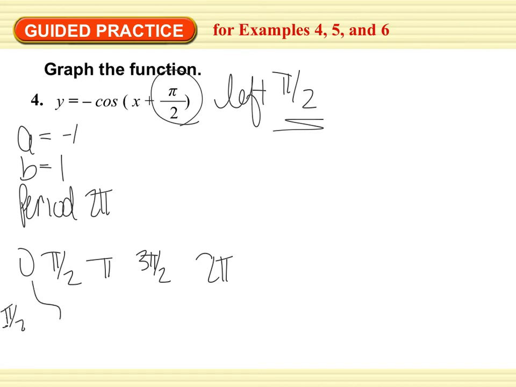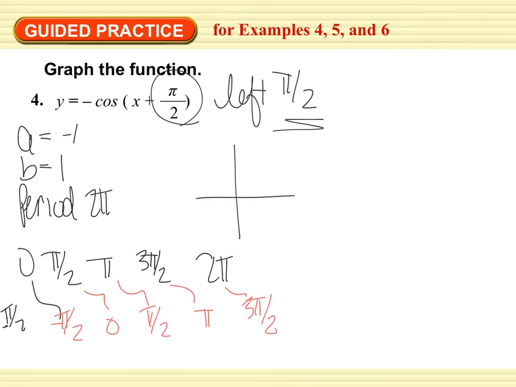So my first point is going to be negative pi over 2. My second point is 0, pi over 2, pi, and 3 pi over 2. You may have been able to do that in your head. Not so much for me. So negative pi over 2, 0, pi over 2, pi, and 3 pi over 2.